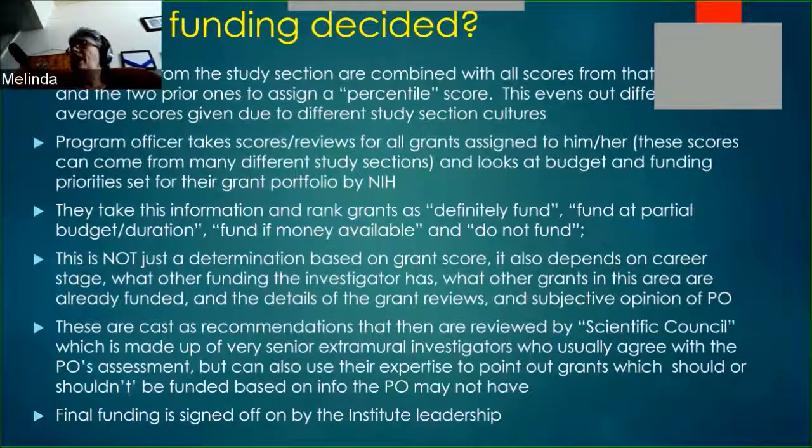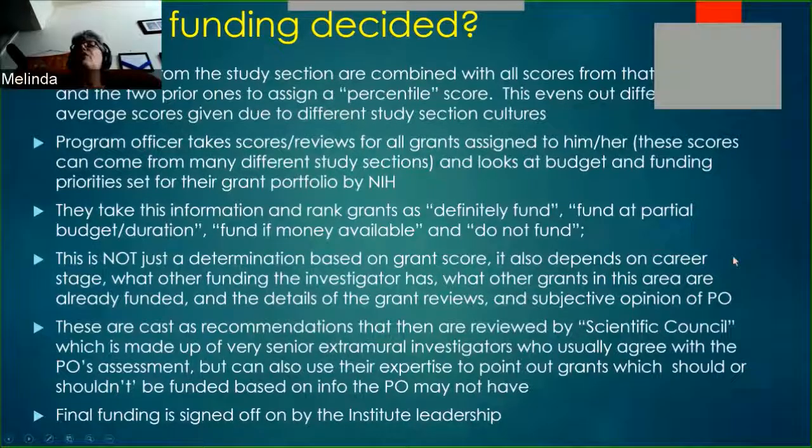So this is why as a new investigator particularly, getting to know your program officer is pretty important. Trying to get yourself to conferences where your program officer goes so that you can sit down and talk to that program officer. It absolutely helps getting your grant funded if the program officer already feels that you are probably up and coming and they really want to see you funded.